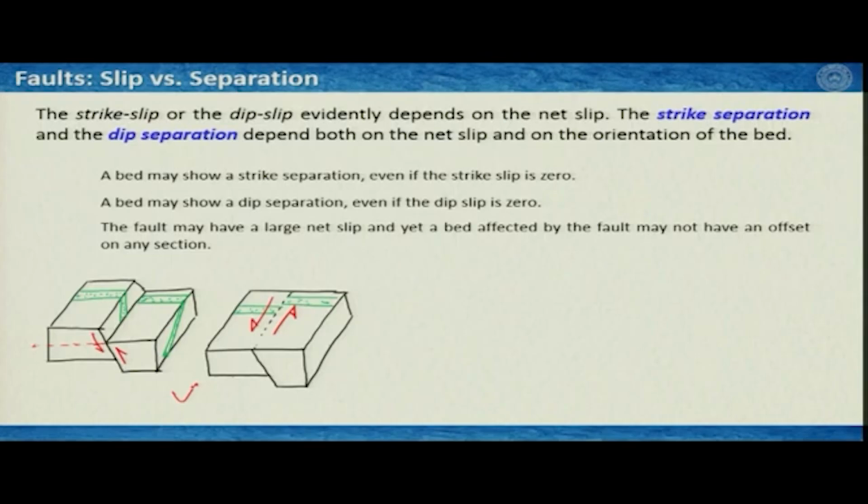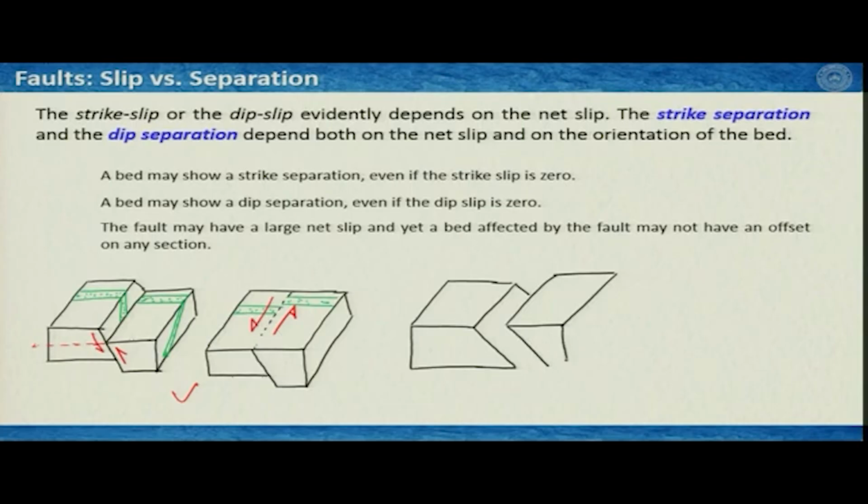I give you one more example. For example, say an oblique fault is happening. I am not going to complete the entire demonstration, this is for your idea. So, we know that this is the net slip.